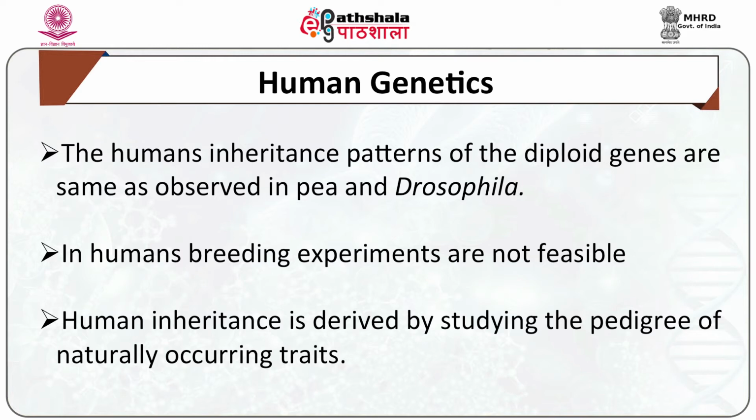Human genetics. The inheritance pattern of diploid genes is the same in humans as observed in the bee and the Drosophila. But in humans, breeding experiments are not very feasible. Usually, the information about human inheritance is largely derived by studying the pedigree of naturally occurring traits.